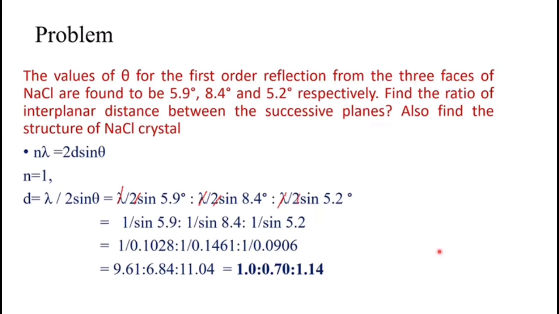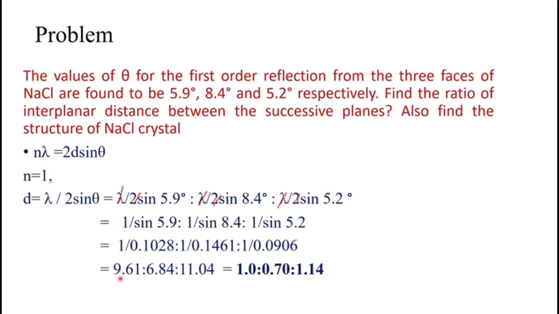So the answer will be 1 over sin 5.9 degree is to 1 over sin 8.4 degree is to 1 over sin 5.2 degree. So this can be 1 over 0.1028 is to 1 over 0.1461 is to 1 over 0.0906.